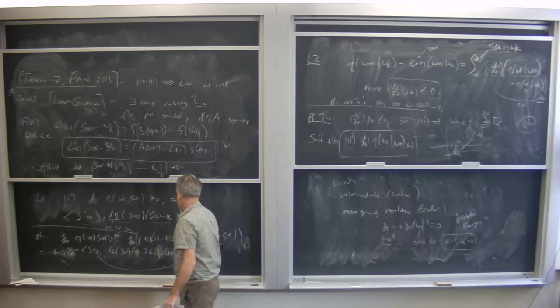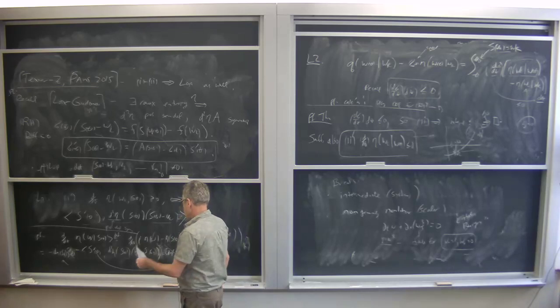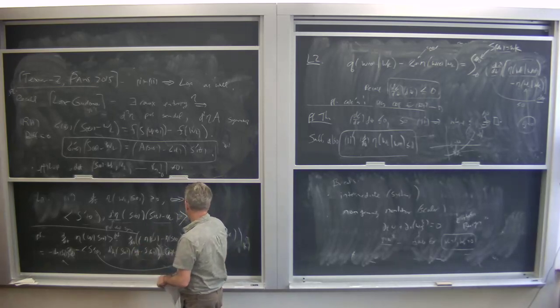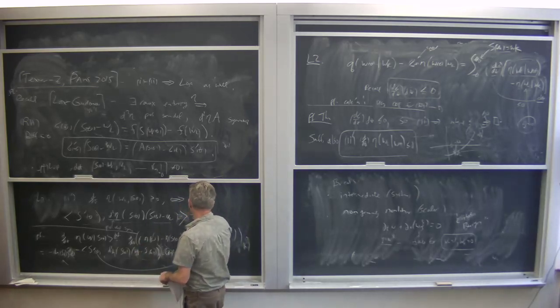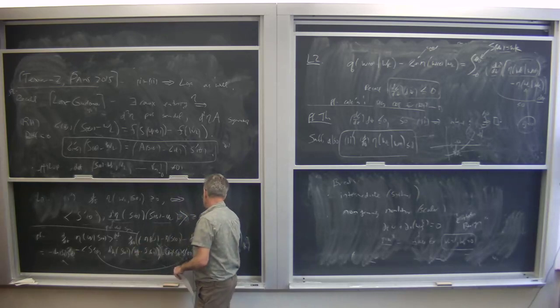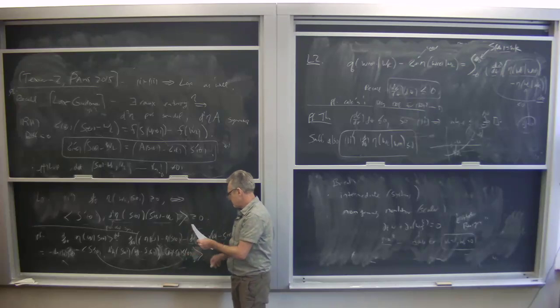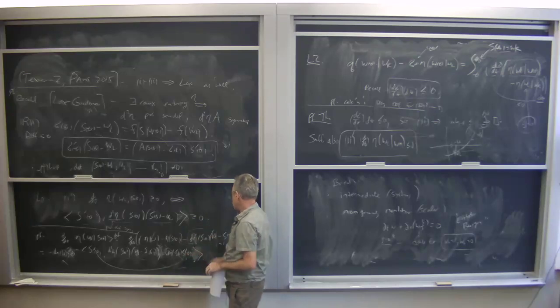And where are we getting these pieces? We get a d squared eta coming from the d eta. This is a d eta, that's why there's no f. That's the definition of d eta.